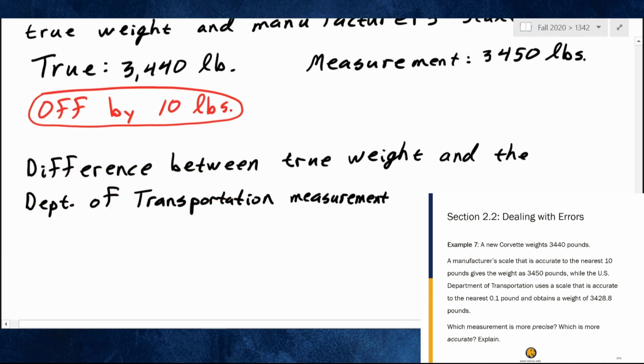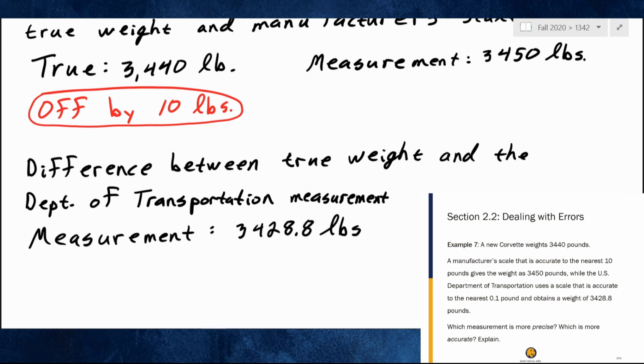Now, if we consider the Department of Transportation measurement here, they measured it to be 3,428.8 pounds. So how far off is that from the true weight? Well, let's just do a quick calculation here. We take the 3,440 minus 3,428.8. And so we find out that the error is 11.2 pounds. So it's off by that much.